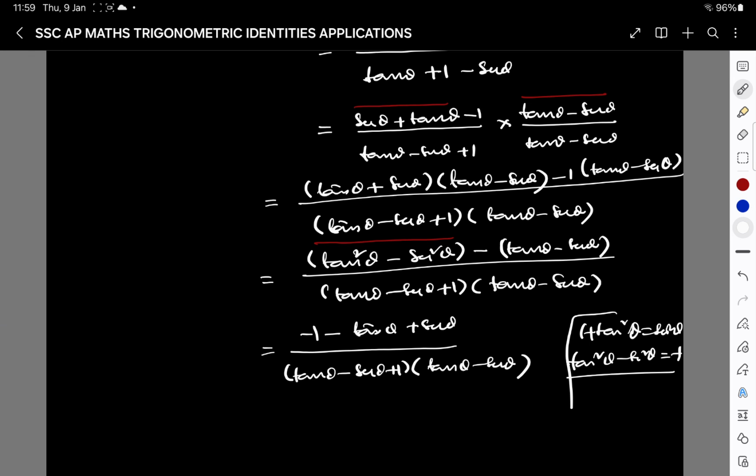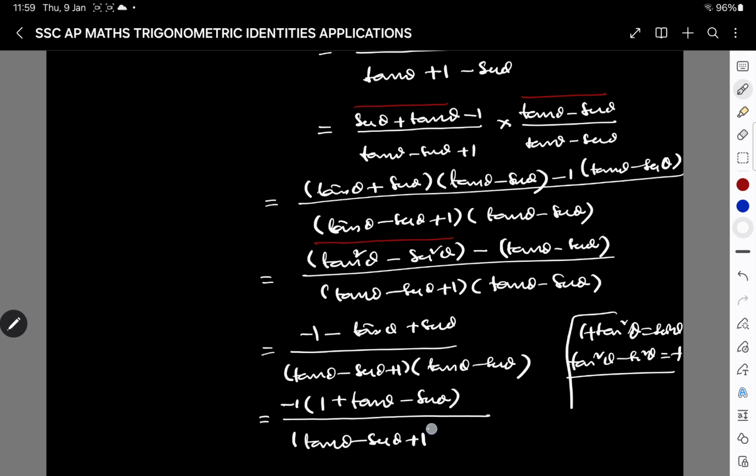Now what I would do is take minus 1 in the numerator as a common. I get 1 minus, this will become plus, this plus will become minus, by tan theta minus secant theta plus 1 into tan theta minus secant theta.